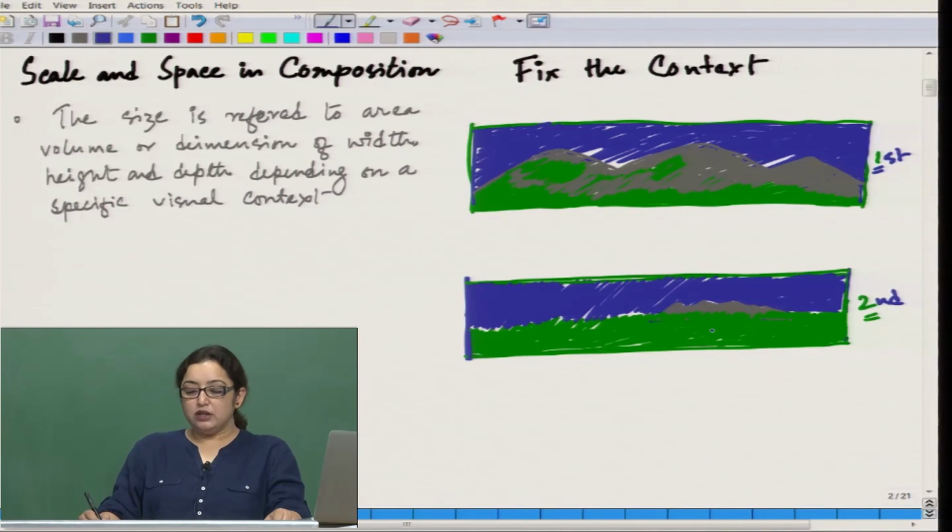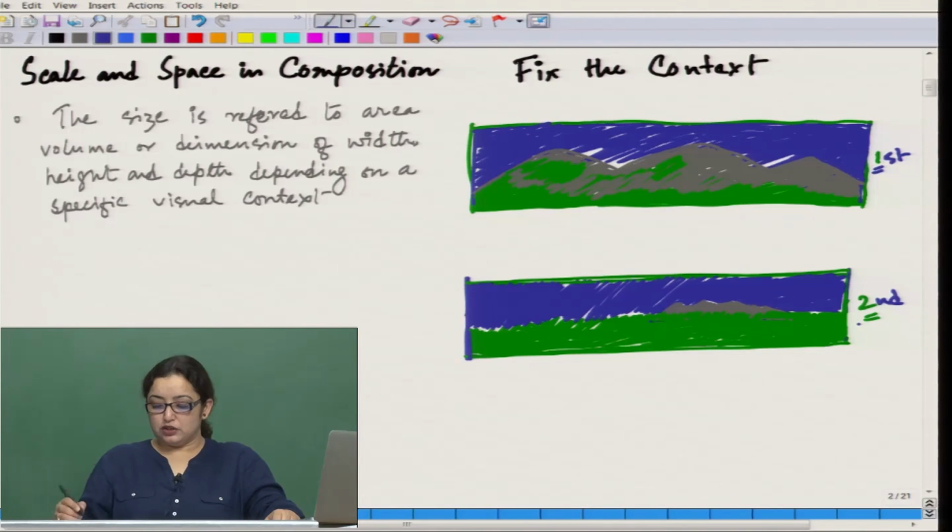So, in context to the second picture, the mountain is occupying a minimal space, whereas in context to the first picture, the mountain is occupying a similar area.